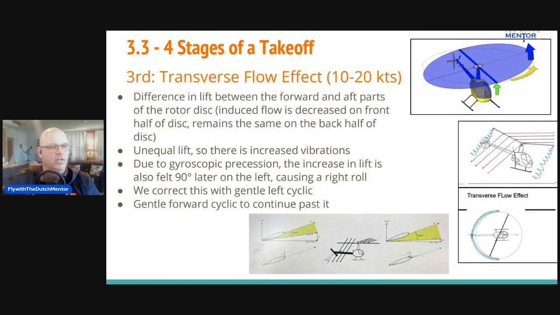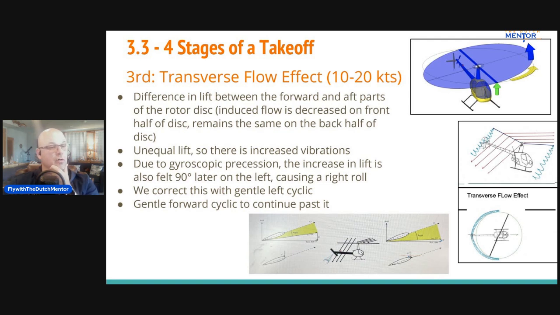There are inefficiencies there. So as we go through that transverse flow effect, at 10 to 20 knots, we'll feel the difference in lift between the forward and the aft parts of the rotor. In other words, it creates an unequal lift, so there's an increase in vibrations. You can actually feel this.